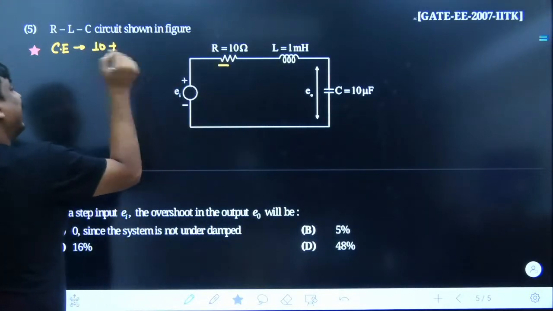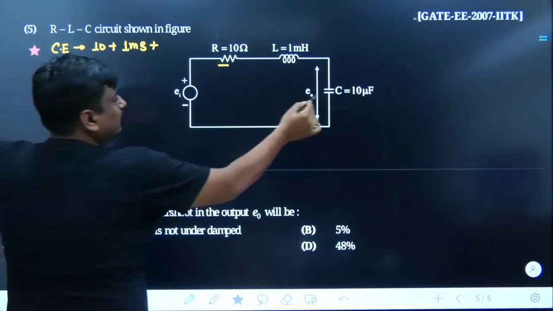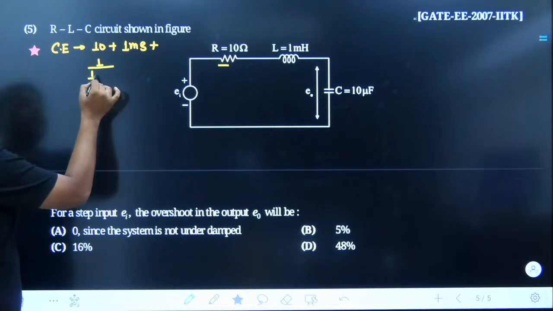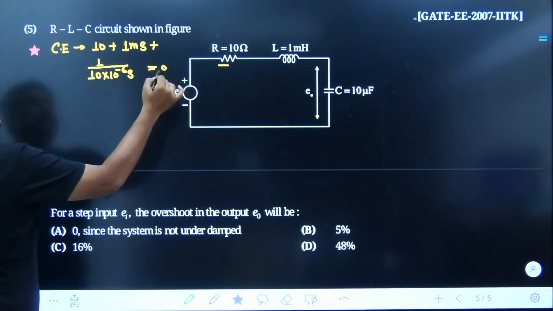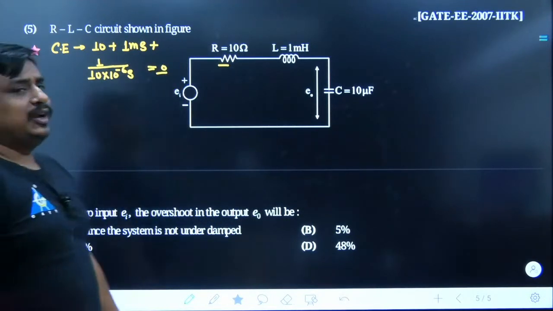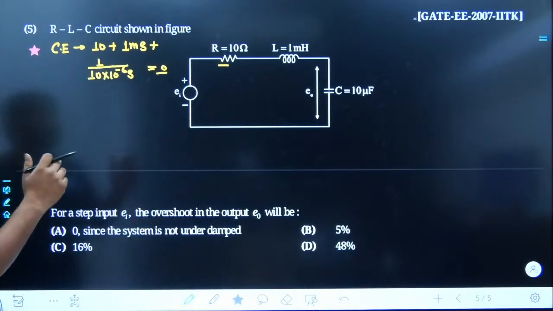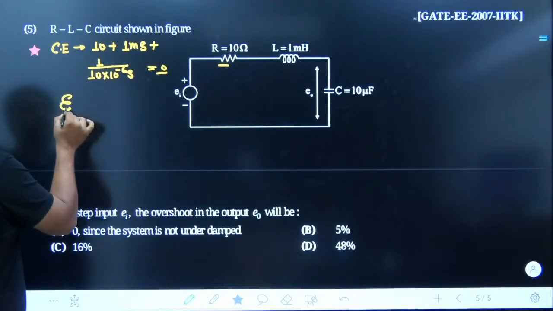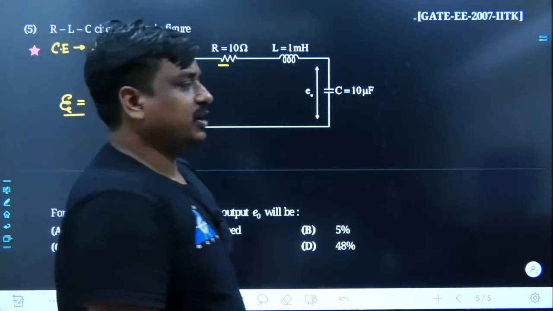The impedance of L is Ls, that's 1 milli multiplied with s, plus the impedance offered by the capacitance is 1 upon Cs, and that had been 1 upon 10 into 10 to the power of minus 6 of s, and now it's going to be compared with 0. Yeah, agreed, sir. Till this point I don't have any doubt as such. So now what we are going to do over here, we are going to take its LCM. And at the end of the day you are supposed to get the value of zeta. And from zeta you would be able to calculate each and everything.